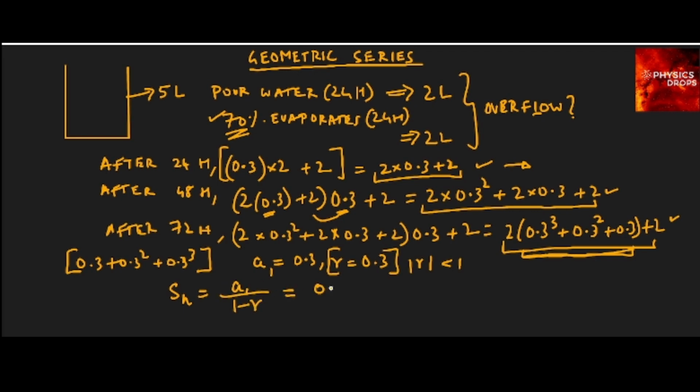So in this case it would be 0.3, which is the first term, divided by 1 minus 0.3, which is the common ratio. This would be 0.3 by 0.7, and that we can calculate as 1.428. Now if we plug it in here, this would become 2 times 1.428 plus 2, because this is going to be a converging value.